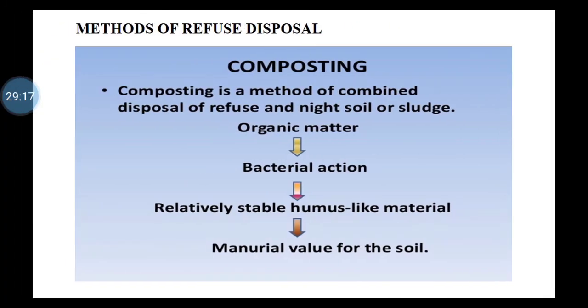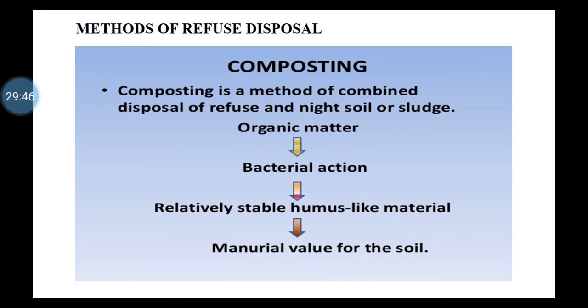Then the next important method of disposal of refuse is composting. Now composting is a process of converting organic matter into manure, that is khat, with the help of bacterial action. This method is used in some cities and towns where refuse is disposed along with human excreta.